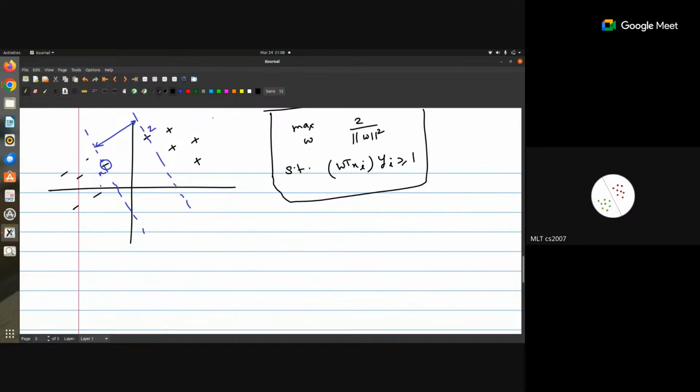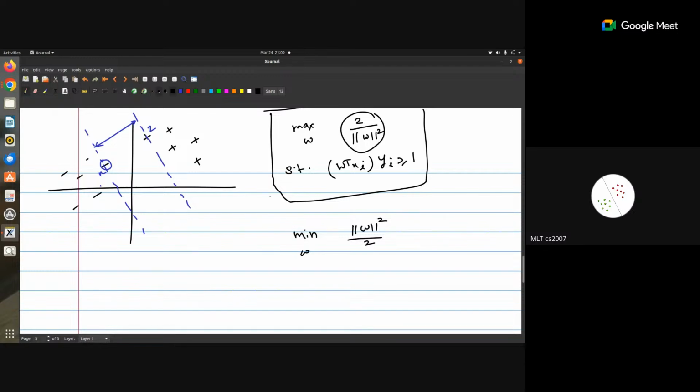How do you write this down now? This is not the dual problem right now. If I wanted to maximize over W this quantity, and I change this quantity to norm of W upon 2, this will become a minimization problem over W, length square by 2.